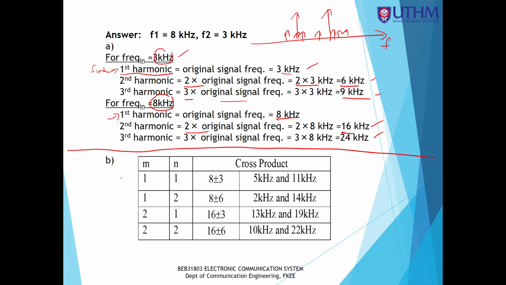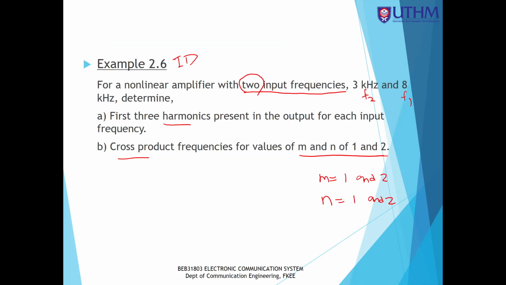For example, when M equals 1 and N equals 1, remember the cross product is M F1 plus minus N F2. So F1 is equal to 8 kilohertz and F2 is equal to 3 kilohertz. This is from the given question.